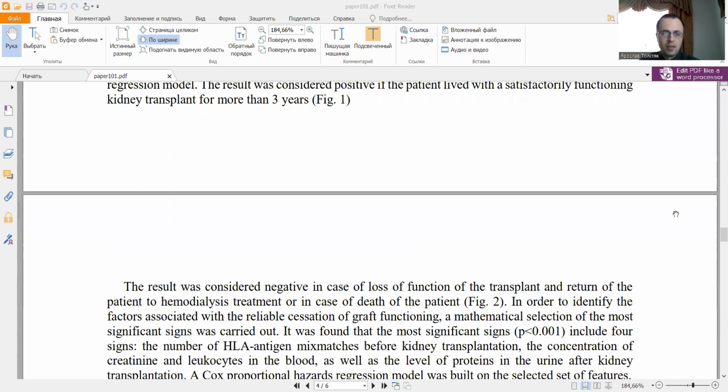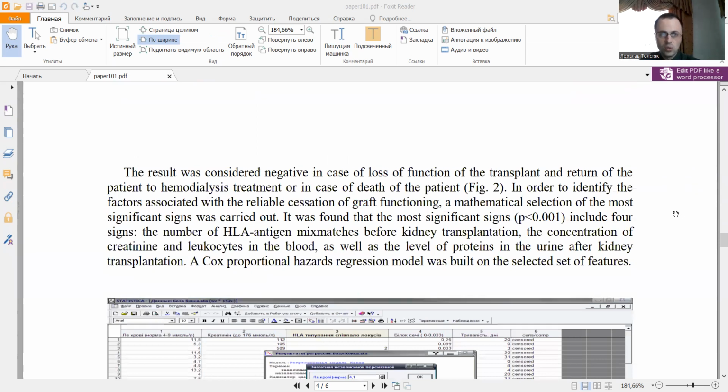The result was considered negative in case of loss of function of the transplant and return of the patient to hemodialysis treatment. In these patients, the factors associated with reliable loss of graft function were identified, and mathematical selection of the most significant signs was carried out.